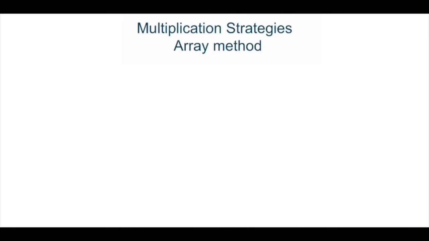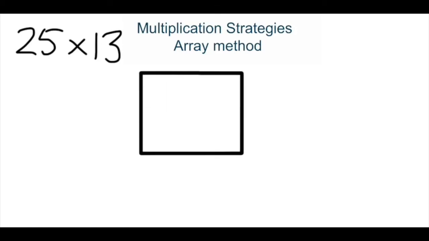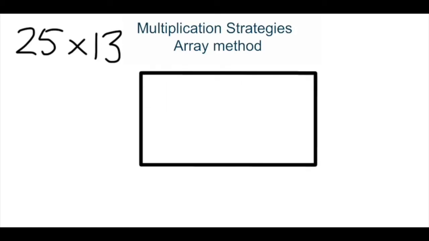All right, our next strategy is actually the array method. And the array method is very similar to our lattice method, remembering again that we're timesing 25 by 13. Our array method also needs a rectangle. And we also need to split this rectangle into 4. But for the array method, we actually split our numbers up into tens and units.